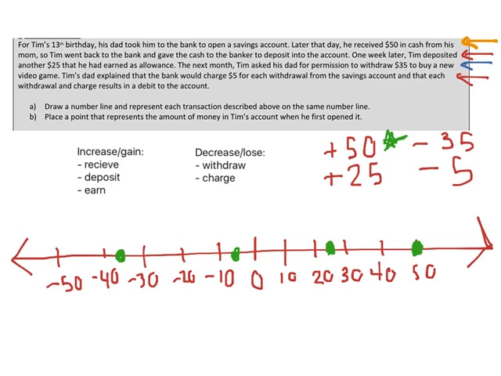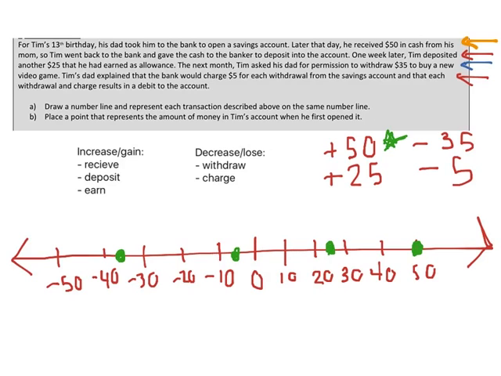Great. So we have completed A, where it says draw a number line and represent each transaction described above on the same number line. Now we can look at B. It says place a point that represents the amount of money in Tim's account when he first opened it.